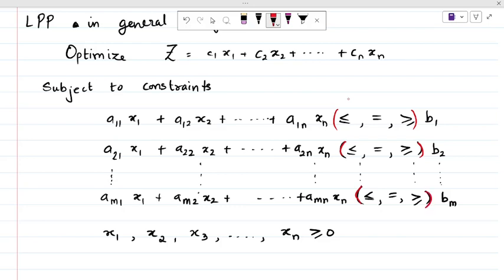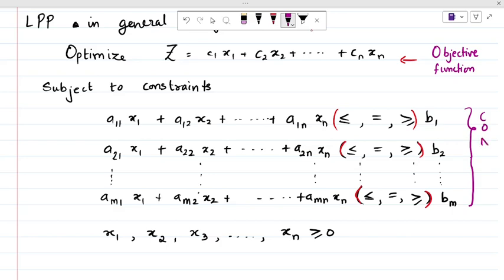Now I would like to tell you what all details are there. Each set of equations has a name and its own meaning. The first one is called the objective function. These m equations that you see, all these are called constraints.